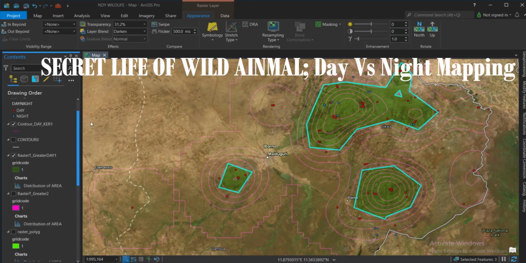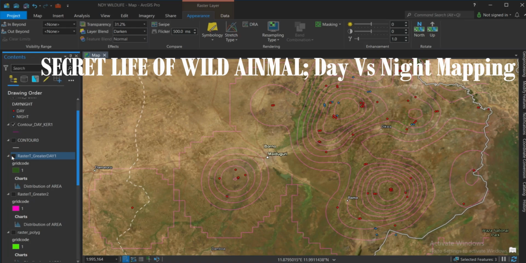In this analysis, we are working on day and night time. So most animals may like to survive in night time than the daytime environment.